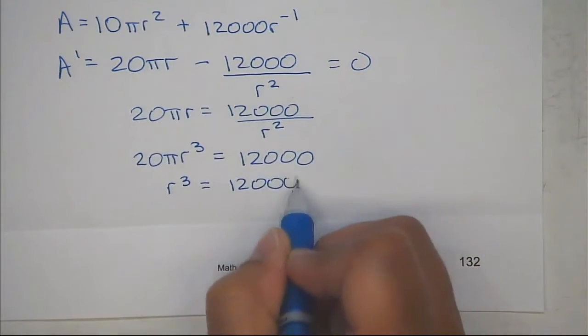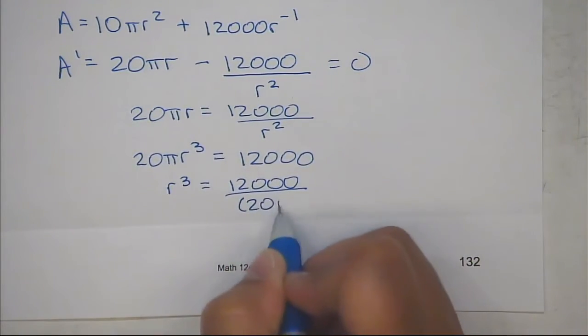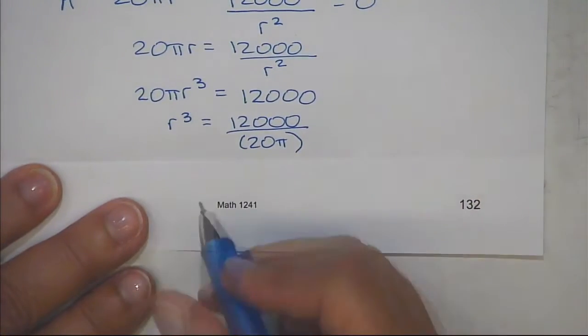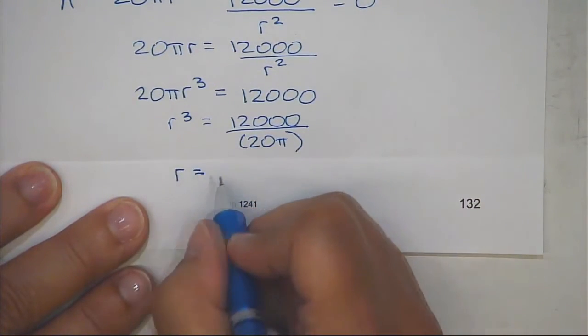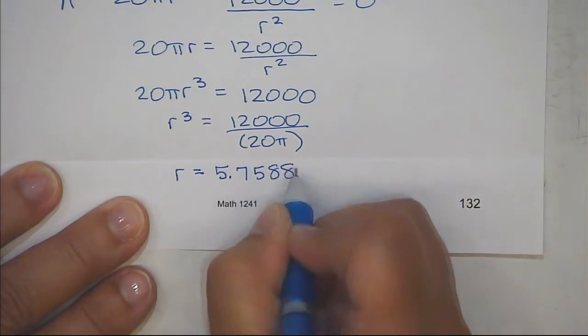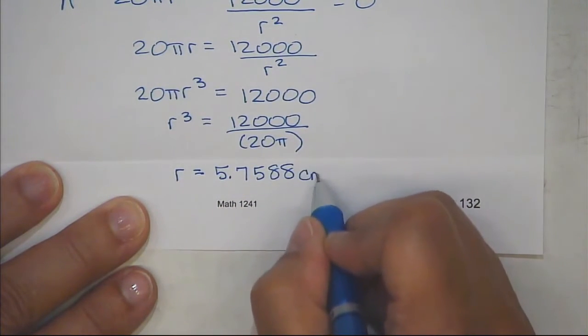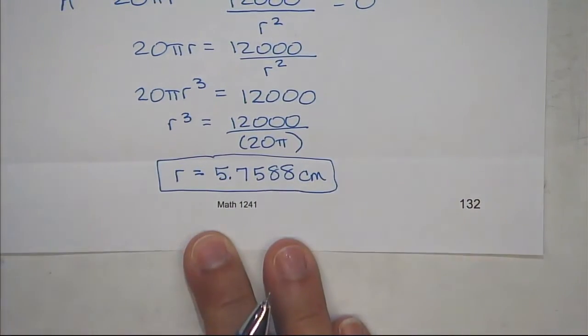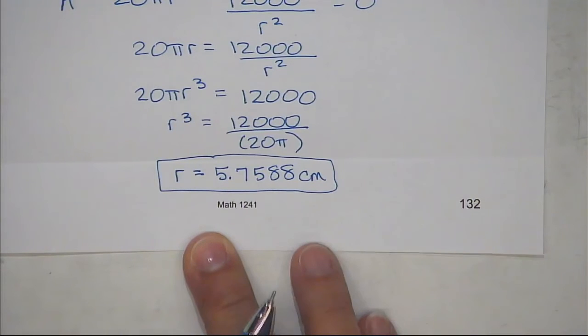Make sure you keep that in parentheses. And then take the cube root of that number. So that should give you 5.7588.